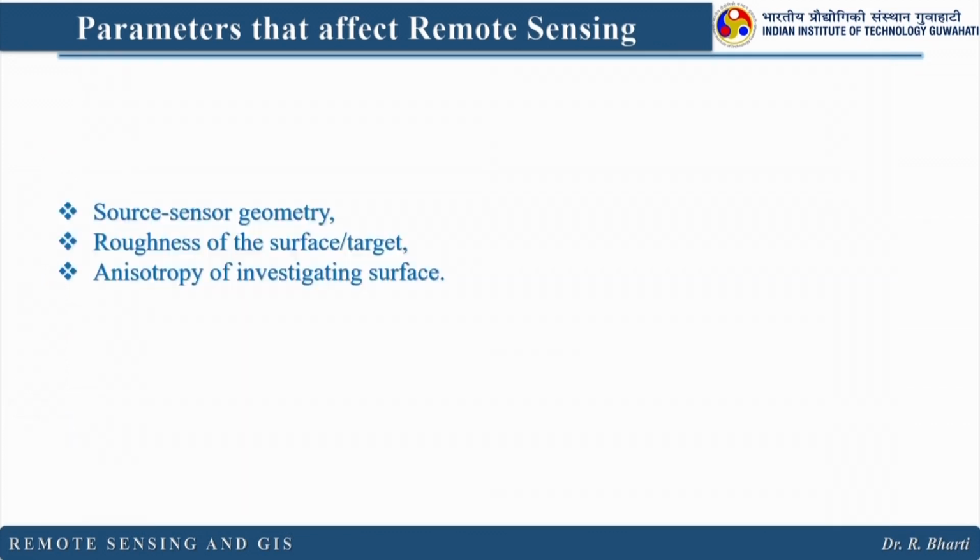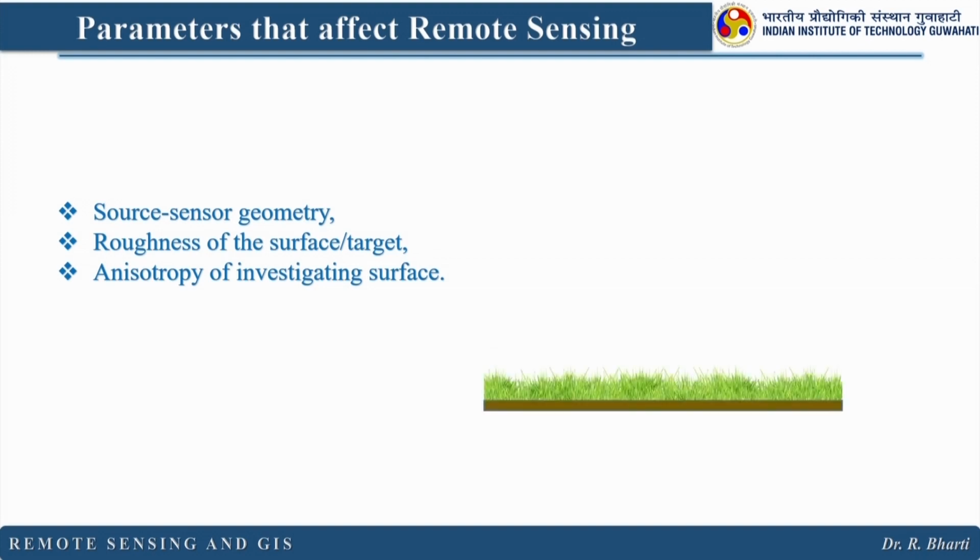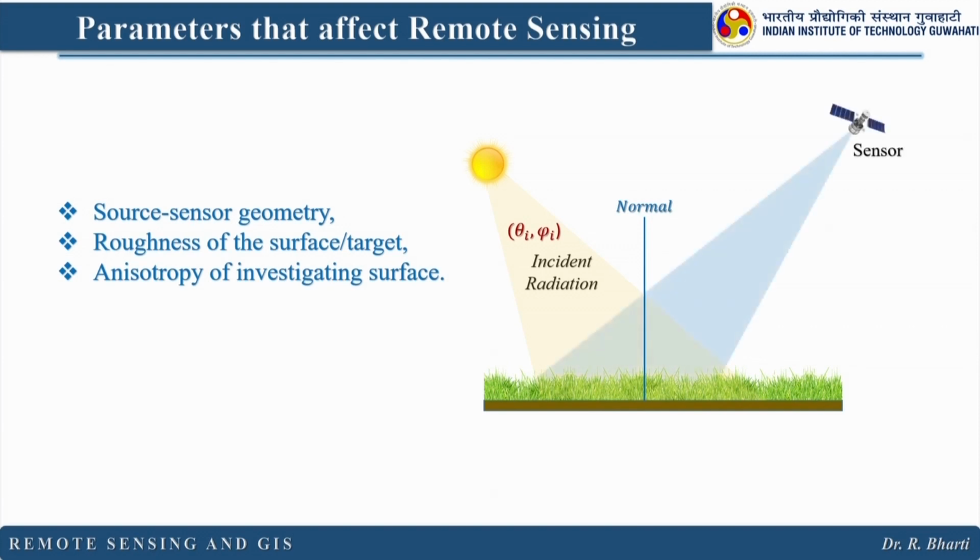Now, here I want to highlight source sensor geometry, roughness of the surface or target, and anisotropy of the investigating material. So, you have a surface and you have the sun as a source illuminating the surface, and then the sensor is receiving the energy, right. This is basically the geometry of source and sensor.